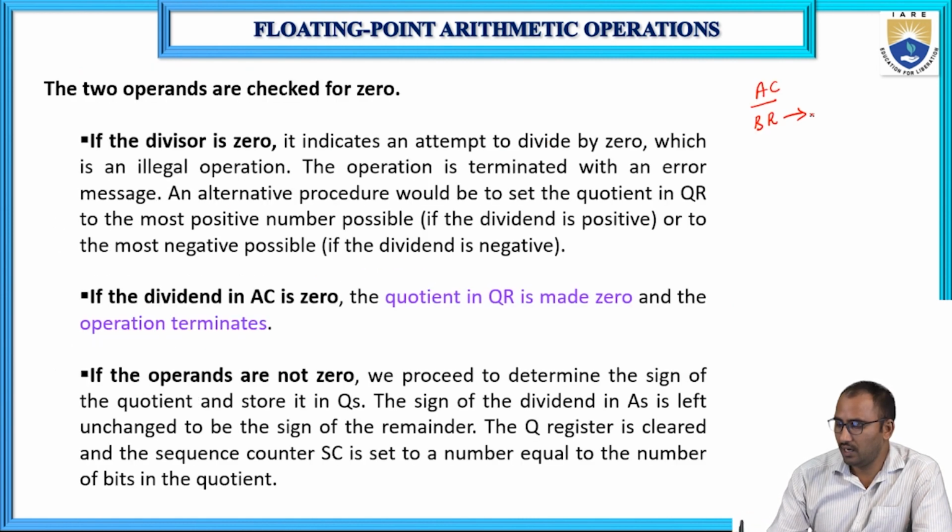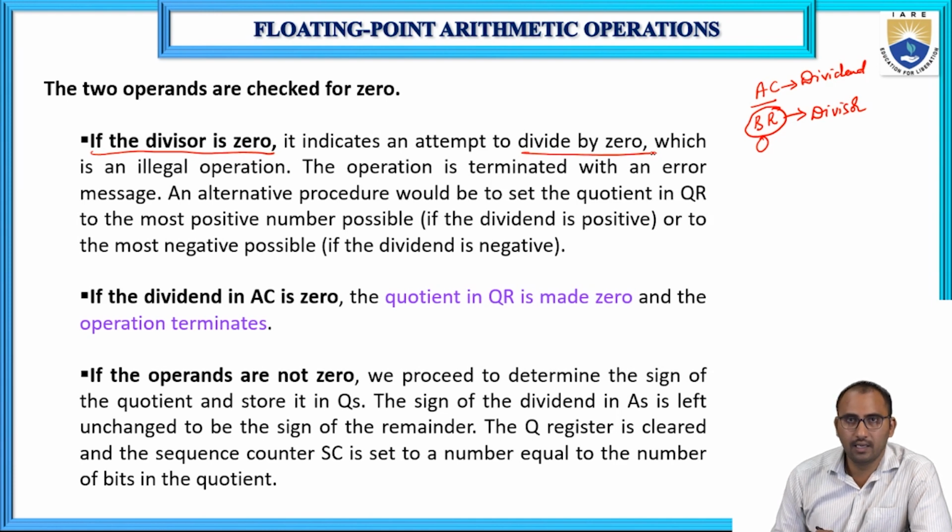This is the divisor, and this is the dividend. See here, the first case is if the divisor is 0. If the BR contains a 0 value, this indicates an attempt to divide by 0.